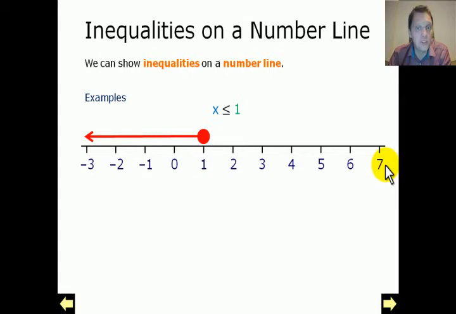If it's an inclusive inequality, less than or equal to, greater than or equal to, we are going to put in a filled in circle. And then x is less than or equal to 1, so we're going to draw an arrow going to the left hand side of our circle, because all values going down to the left are all less than 1.